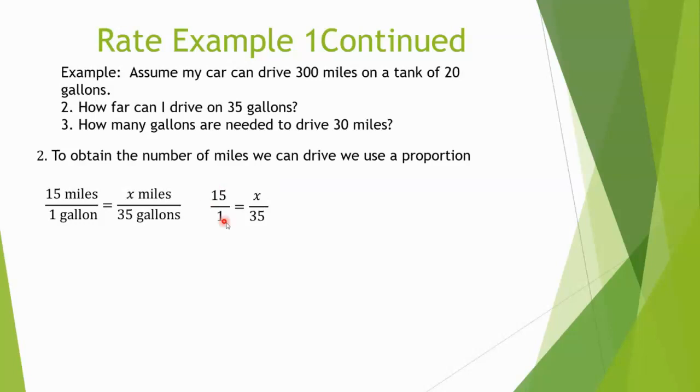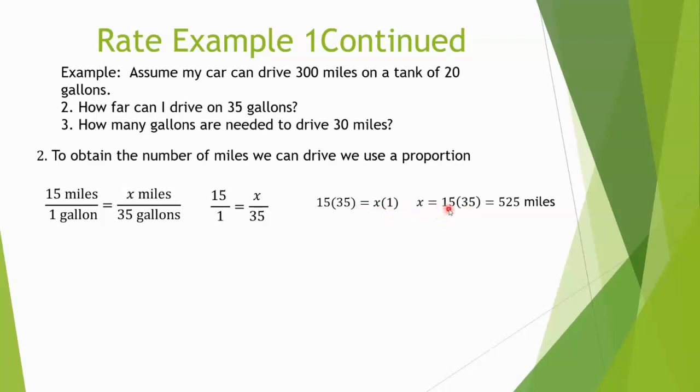Now we have to solve this proportion. And that's not too bad. Namely, we just cross multiply. 15 times 35 is X times 1. So basically over here we have just X, and over here we have 15 times 35.